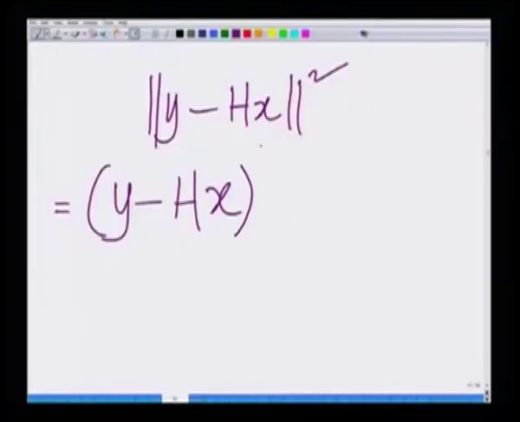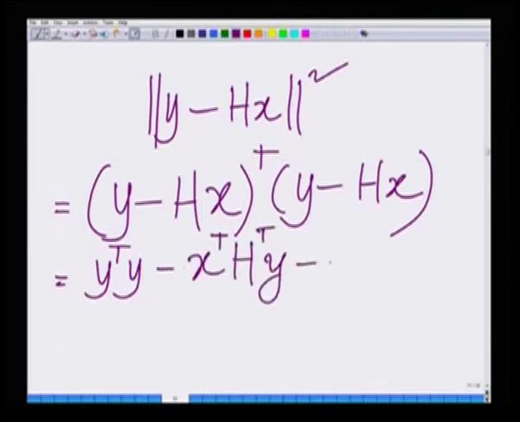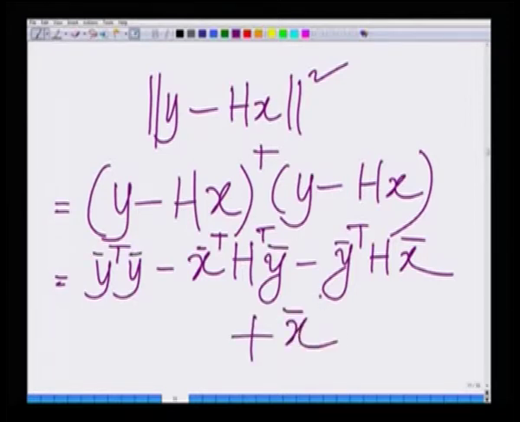So, this is (y minus h x) transpose (y minus h x). This is nothing but y transpose y minus x transpose h transpose y minus y transpose h x, with a bar over all these entries, plus x bar transpose h transpose h x bar.